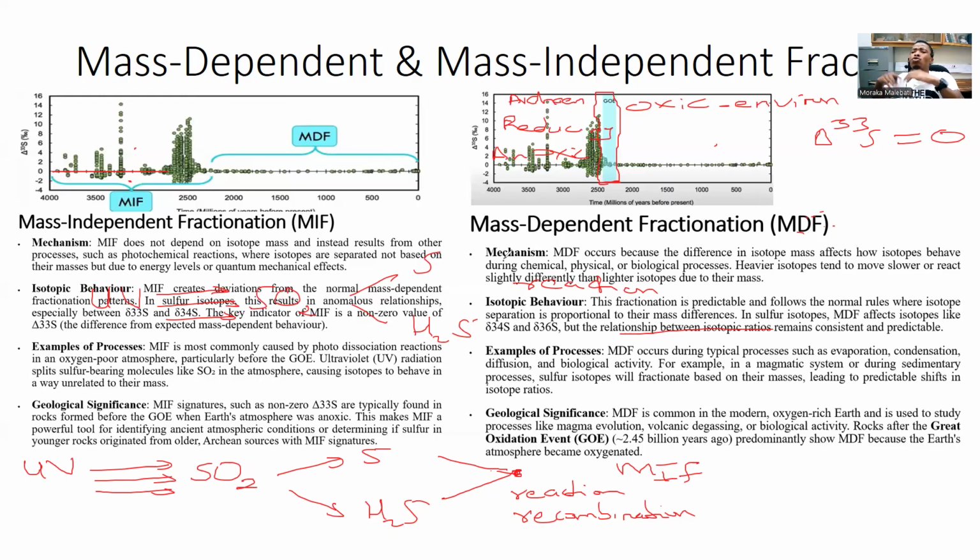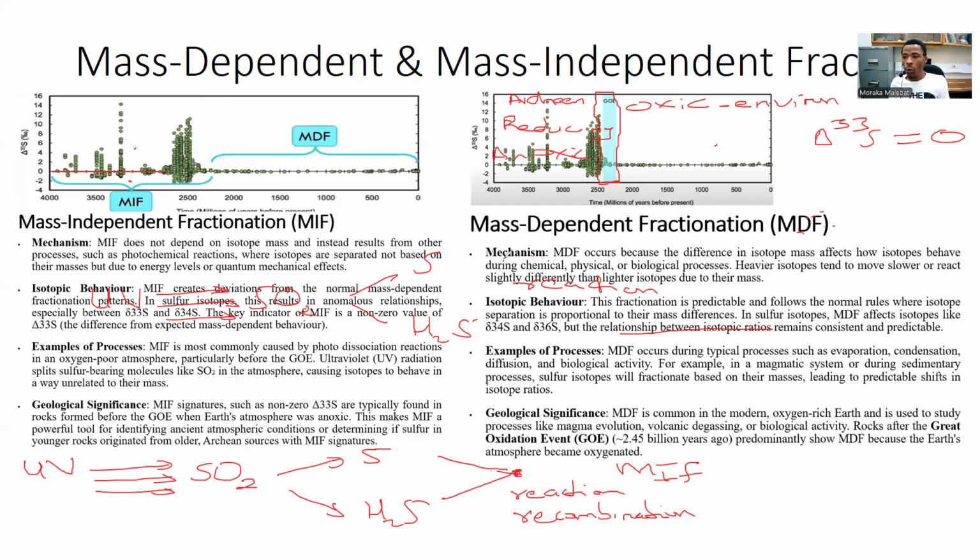Okay, now these isotopic signatures got to be preserved in the surface or within the sediments, because there was no oxygen to react with them, which is why the MIF isotopic signatures got preserved in the rock record before the Great Oxidation Event. We are looking at the Transvaal supergroup rocks, for example, in South Africa.